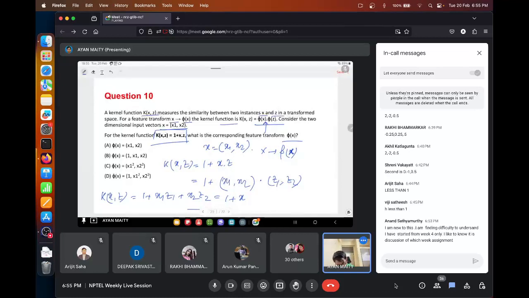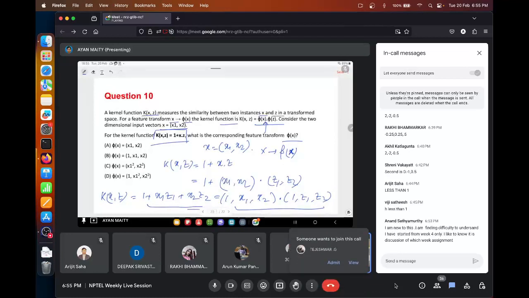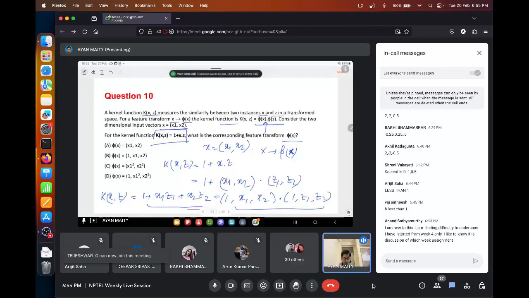So we can write it as (1, x1, x2) dot (1, z1, z2). We can certainly decompose this term like this, because the dot product of the second term will come out to be the first term.